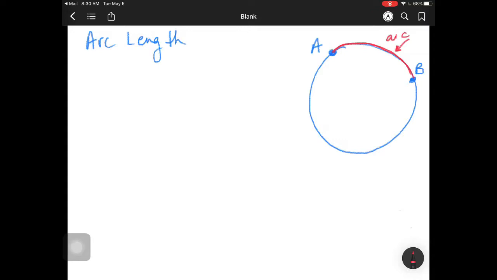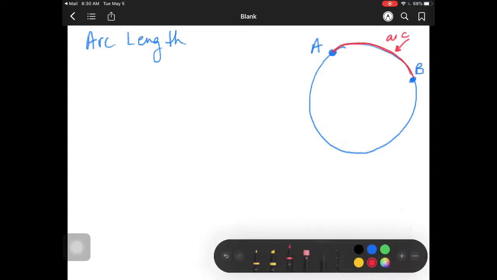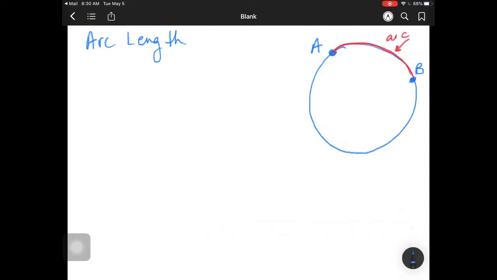How do you calculate the arc length? Let's say they tell us that this central angle is 80 degrees, and we're given that the radius is 3. The method that you need to memorize is the following.